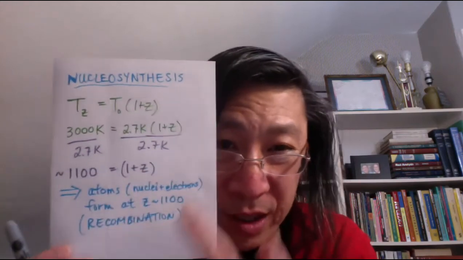But the decoupling of the universe's particles of matter and energy happens at a redshift of about 1,000, between about 1,100 and 1,300, really. Like I said, it's quite a coincidence that it happens right around the same time as recombination. So I'm going to write that down here too.